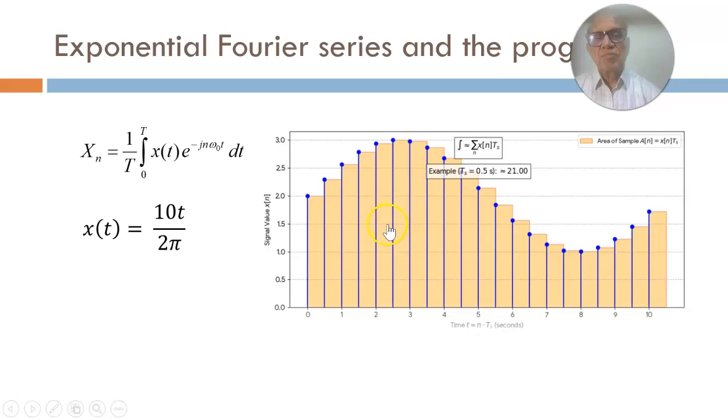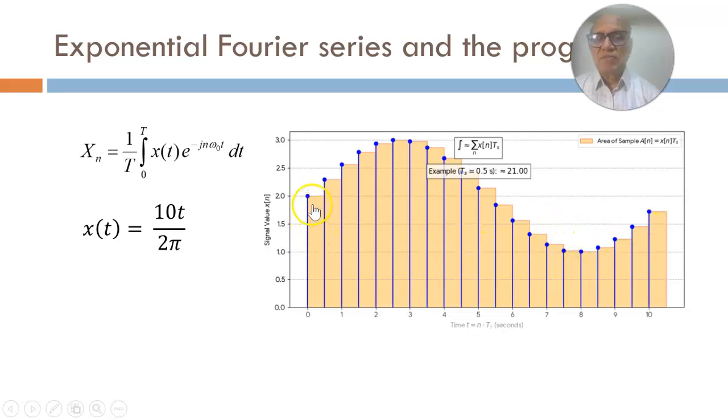Understand that in a digital computer, everything is going to be represented by discrete samples. So this is the 0th sample. Then in this case, the sampling time is 0.5 seconds. After the sampling time, this is the next sample. When you evaluate the integral over so much time period, basically you are evaluating the area under this.